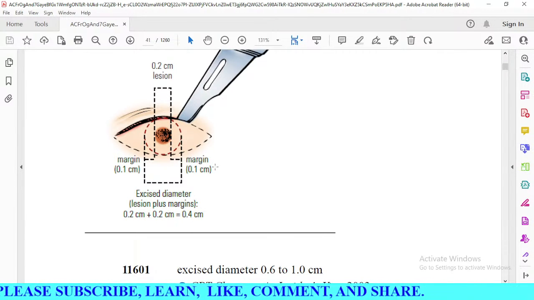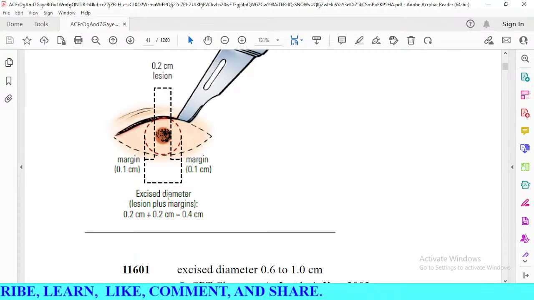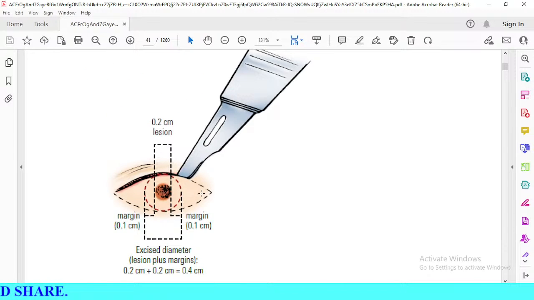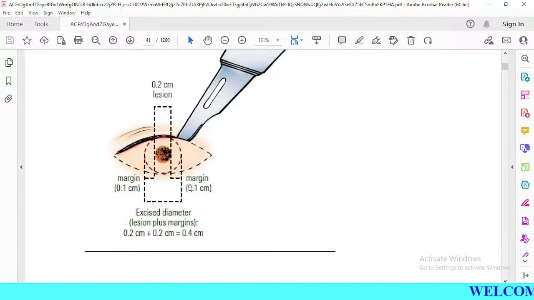So here they have added two margins. Because of these two margins, they have mentioned margins, plural. So because of that, they have added 0.2, 0.2, so total 0.4.